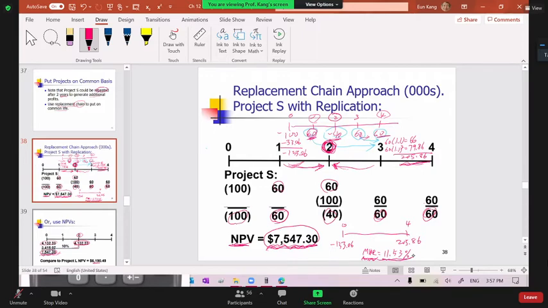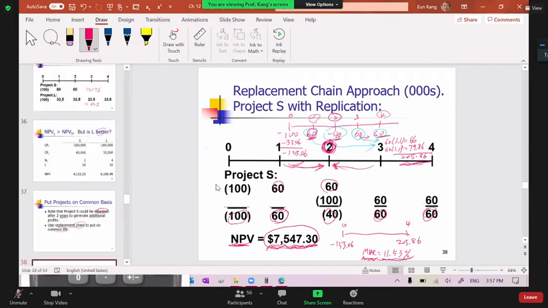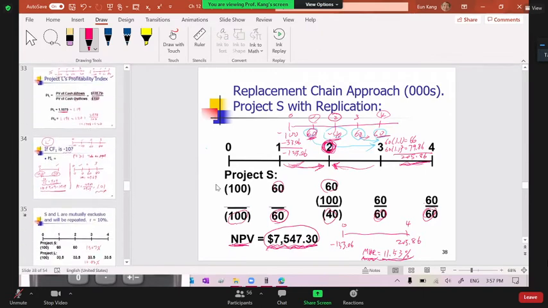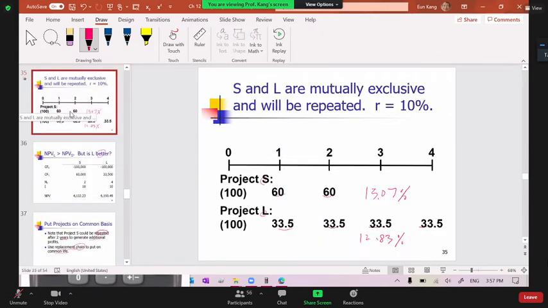So that's a really good question. That's the one problem of MIRR. Sometimes when you compare this non-normal project with those ones, which are normal projects, one sign change, right?